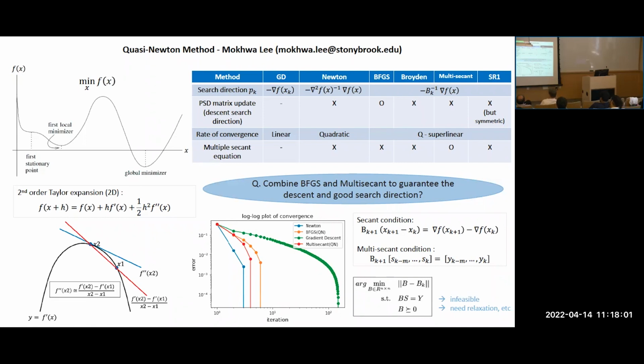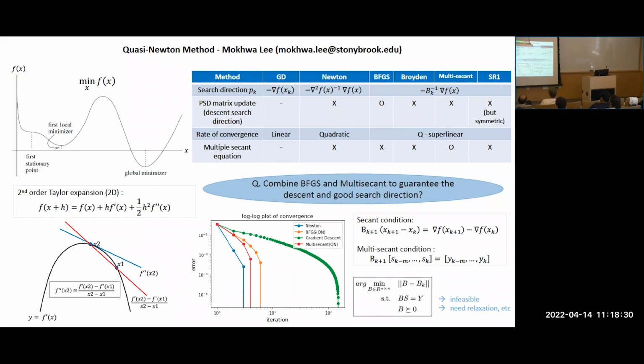That means that in real minimization problems, you have to compute the Hessian matrix, which is nabla squared f(x), but it is computationally burdensome, and it's really hard to compute within a short period of time. So the Quasi-Newton method wants to combine gradient descent and Newton's method by approximating the Jacobian or Hessian matrix.